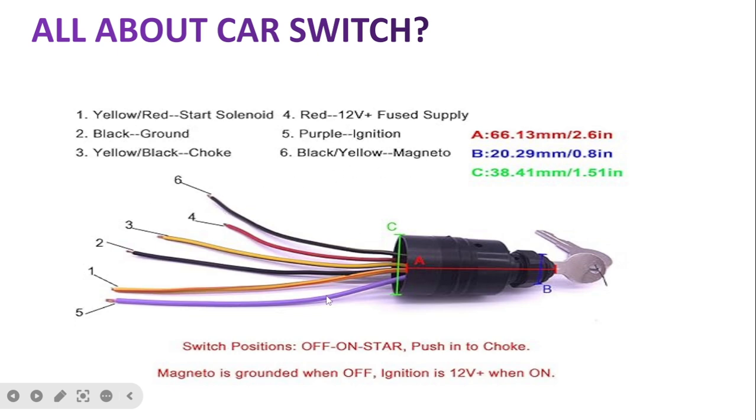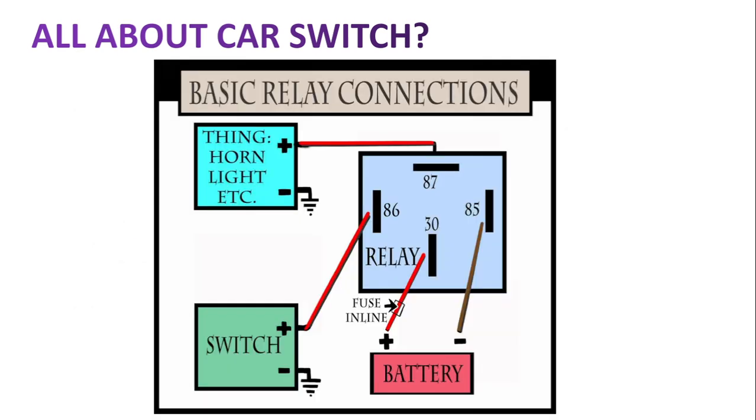In the next slide, I have some basic nomenclature of the relay. Here is the basic relay connection: this is the 86 pin, this is the 85 pin, and 87 and 30 pin. The 30 pin is always connected to the battery positive terminal through an inline fuse.